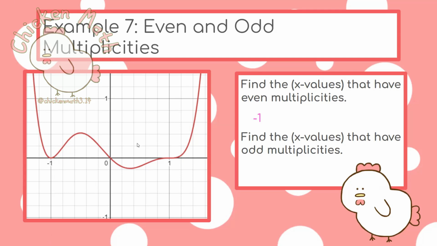All right, and then at zeros x equals 0 and x equals 1, we're crossing the x-axis. We're still going in the same direction. So from here to here, we're still decreasing, and from here to here, we're still increasing. So that's where we're going to have our odd multiplicities.